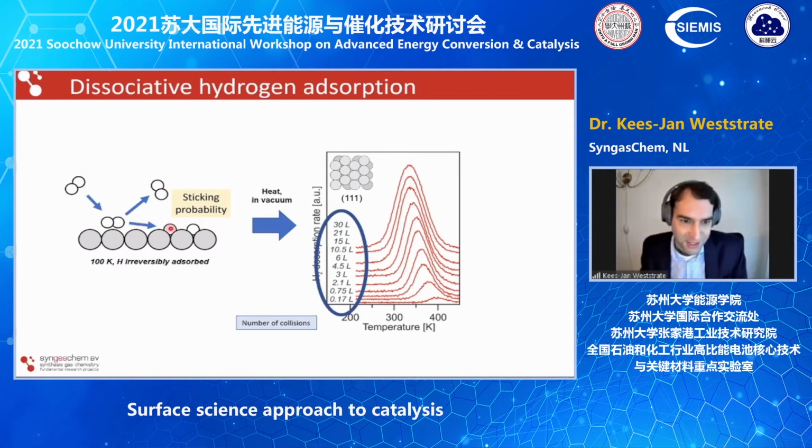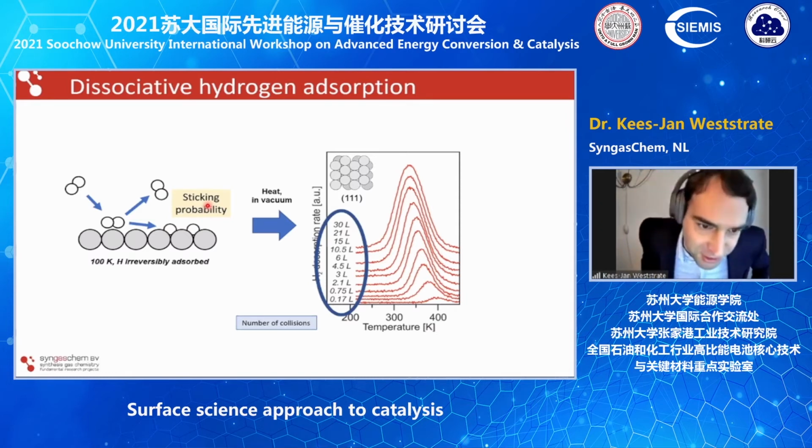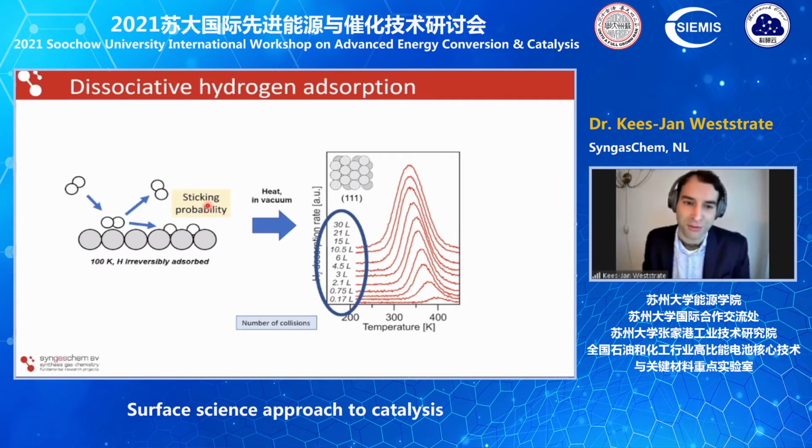Or it can break apart and create two hydrogen atoms on the surface. And the ratio between those two processes, either bouncing off or dissociating, is called the sticking probability. So the probability that the molecule that hits the surface will actually stay on the surface.